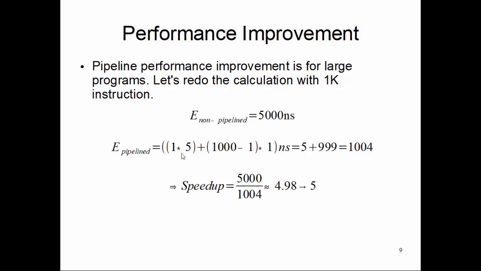So our speedup will get nearer and nearer to 5, but it will never reach 5. That is the maximum theoretical speedup for a 5-stage processor if we turn that processor implementation into a pipeline implementation. So that's the concept behind the performance improvement of a pipeline architecture.